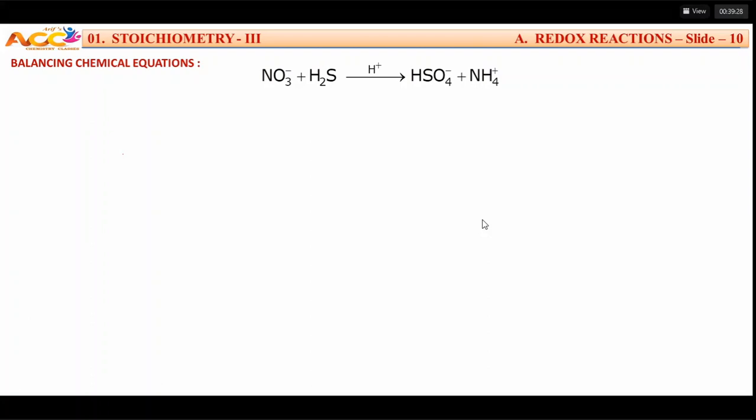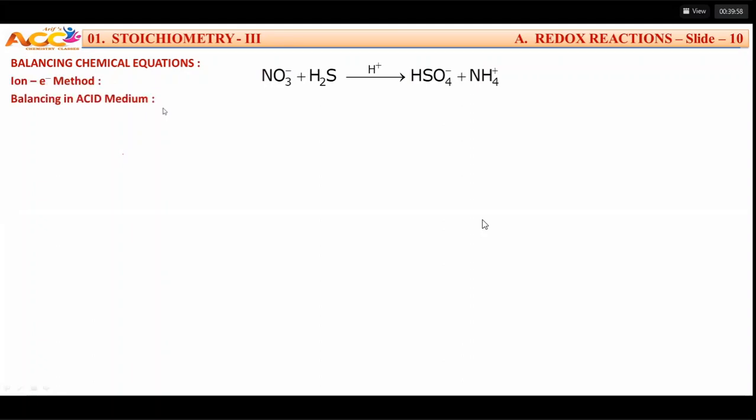Next, in the ion electron method, you can balance the equation either in acid medium or in basic medium. See on the screen, on the arrow, he has written H plus. It means he is demanding to balance this equation in acid medium. So balancing of chemical equation by ion electron method in acid medium is case 1, in basic medium is case 2. There are 2 cases. Today, let us try to enjoy case 1.